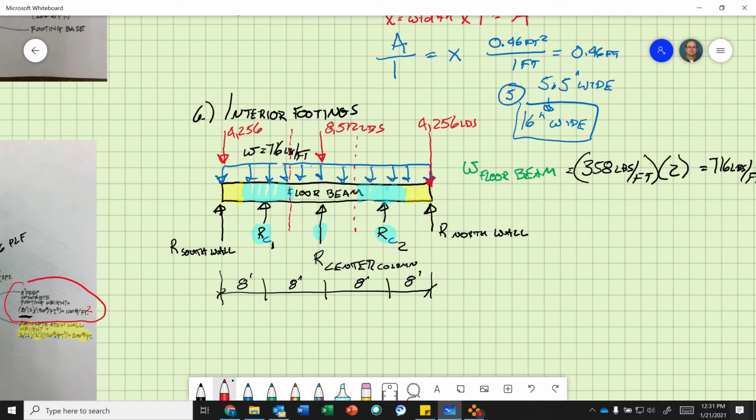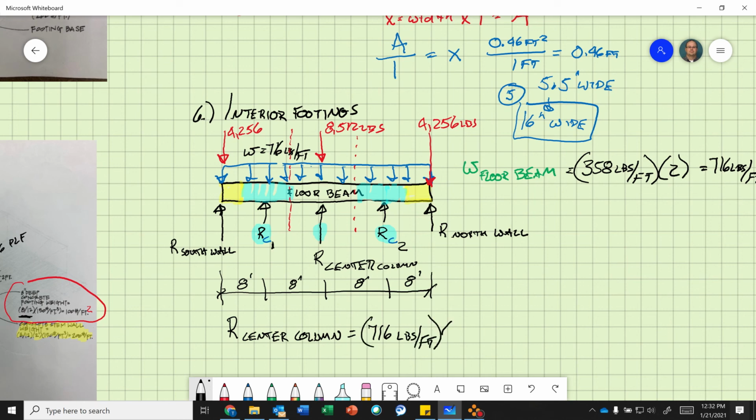Okay. So with that, let's calculate that. So we're going to take the reaction at center column equals 716 pounds per foot.